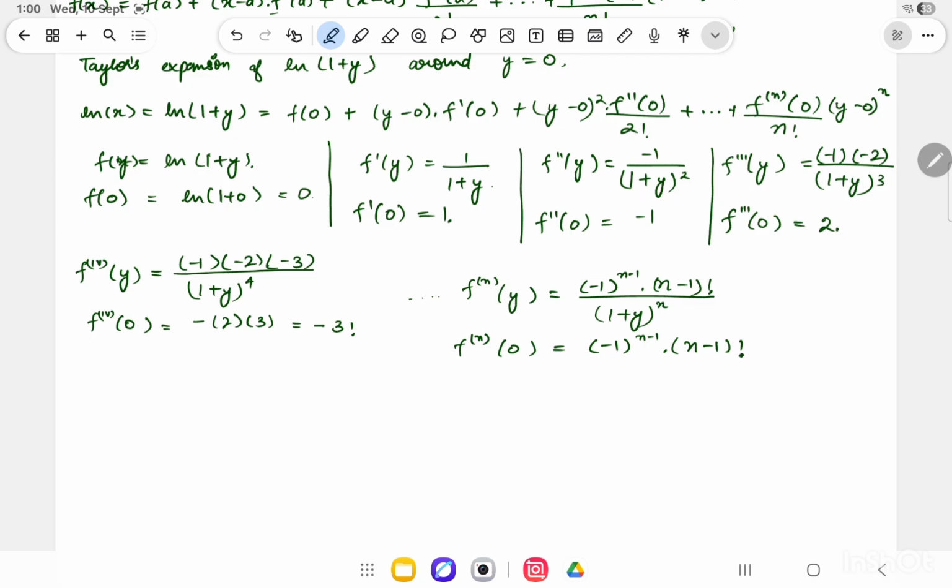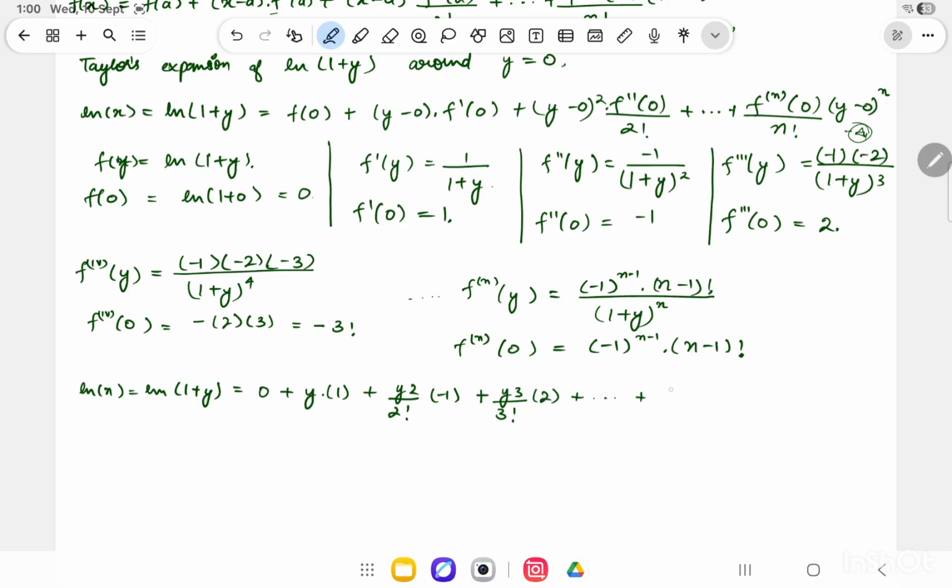Now if I substitute these values in star 1, I'll get ln x as ln(1 plus y), which equals f(0), that is 0, plus y into f'(0), that is 1, plus y square divided by 2 factorial into f''(0), that is minus 1, plus y cube divided by 3 factorial into f'''(0), that is 2.